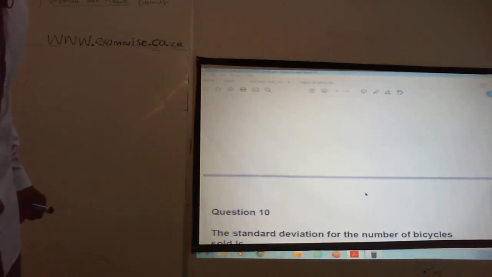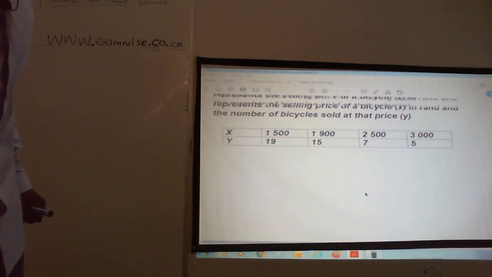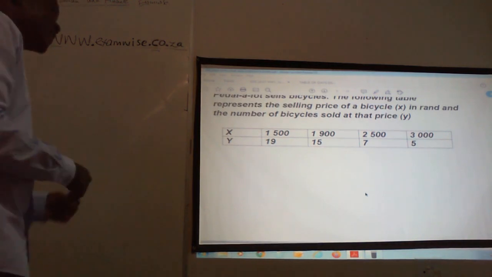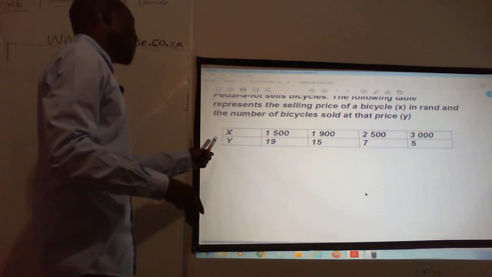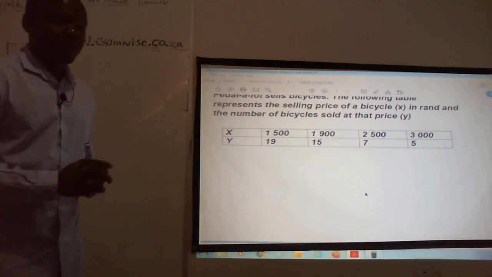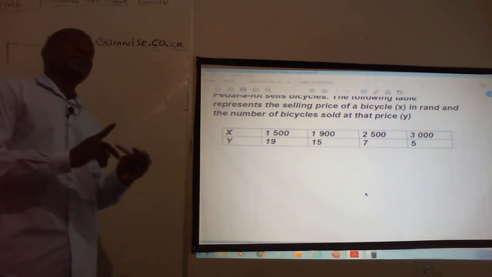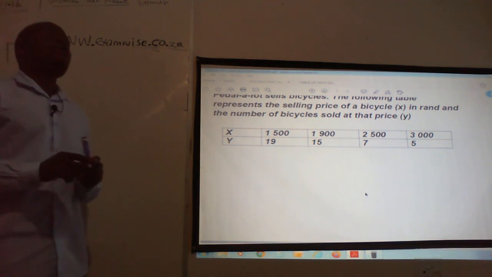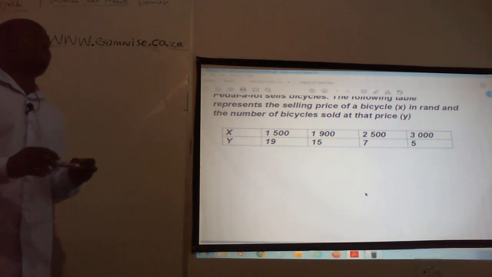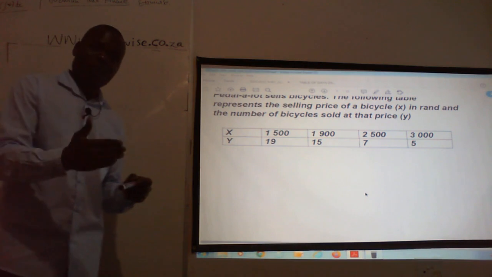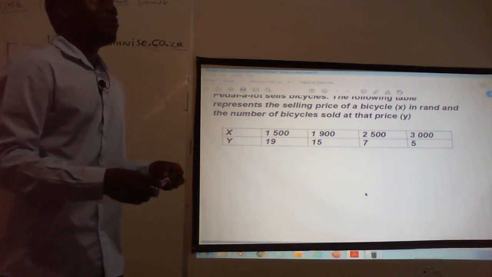By Y, and the question requires us to calculate the standard deviation of the number of bicycles sold. So we need to determine the standard deviation of the number of bicycles sold. That is what we are required to calculate.